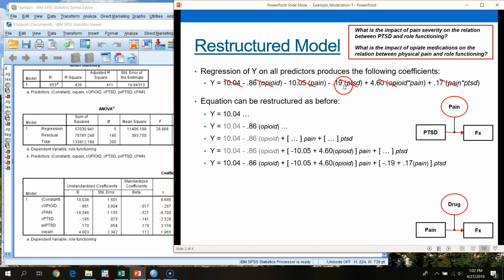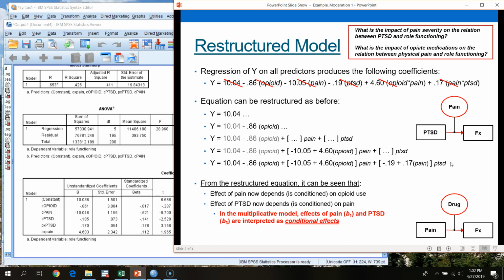And then what's remaining is our conditional effect of PTSD and the coefficient involved in the interaction term. Pull that down for my coefficients for PTSD. And what we can see now in my restructured equation is that the impact of pain on role functioning is dependent on opiate use, right? Depending on what value I put in for opiate use, 0 or 1, that's going to impact my conditional effect of pain.